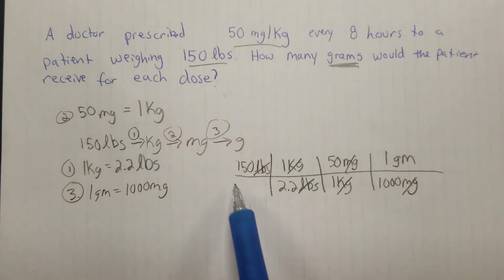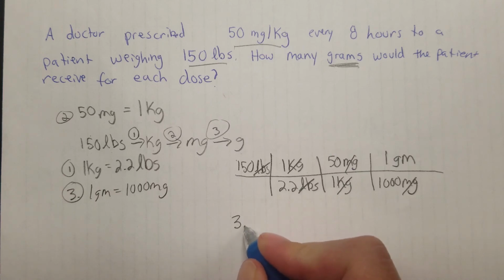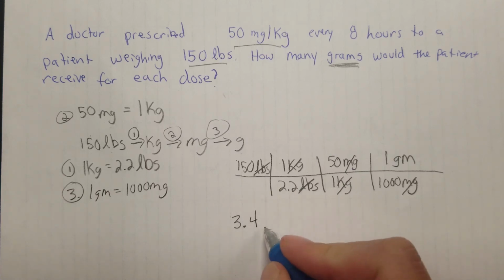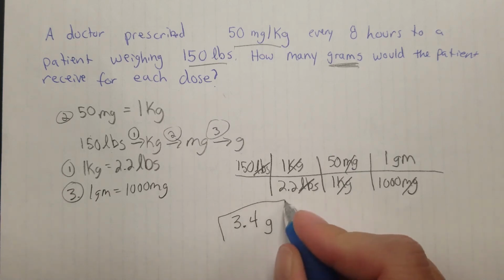So now multiply all the way across, divide by what's on the bottom. So I'm going to get 150 times 50 divided by 2.2 times 1,000. So I want to give that patient 3.4 grams.